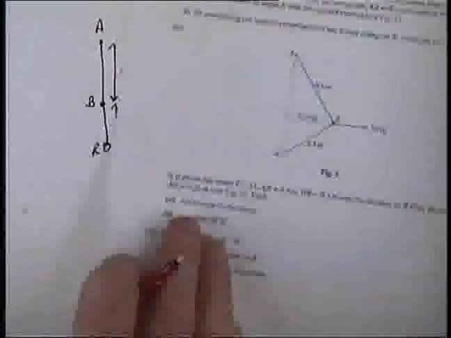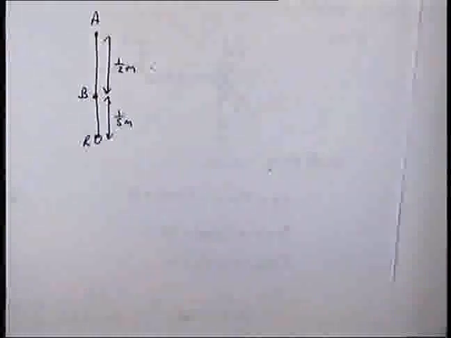So for the last part, what we were asked for was the position of R if P is 0. If P is 0, there's no force in this direction, so it's going to hang vertically below B in the lowest position, in the position of equilibrium.